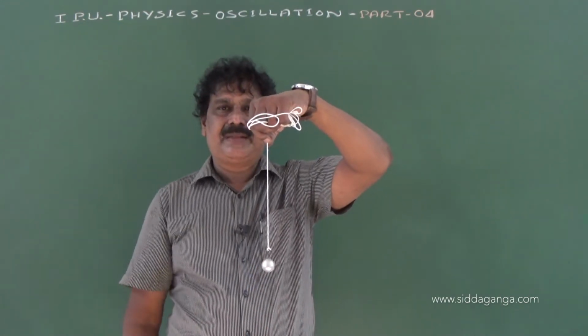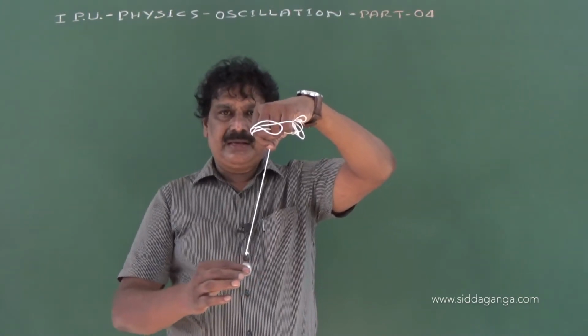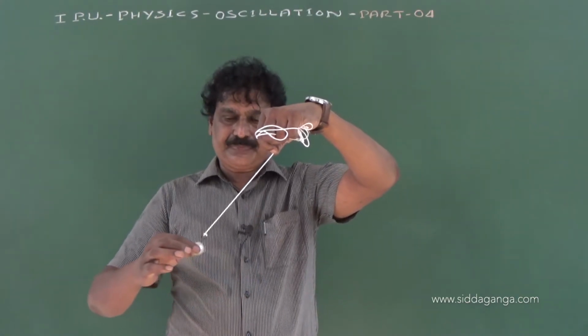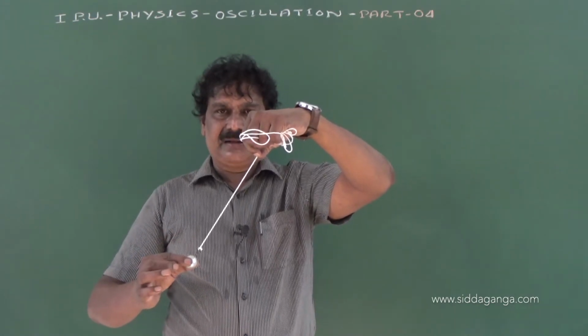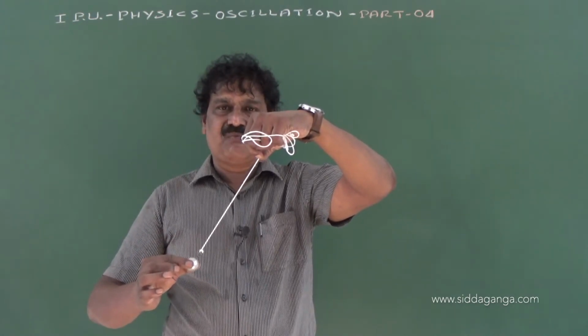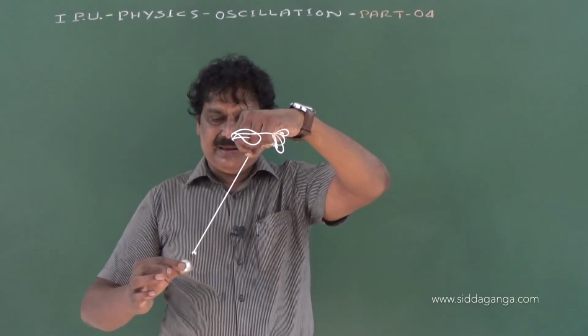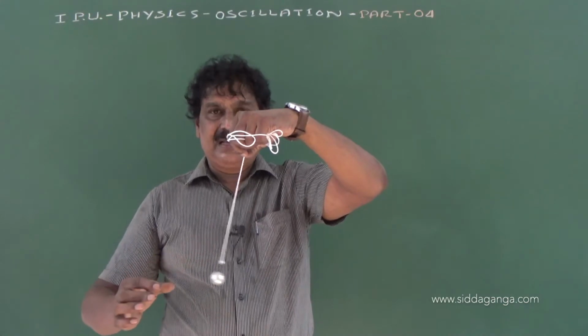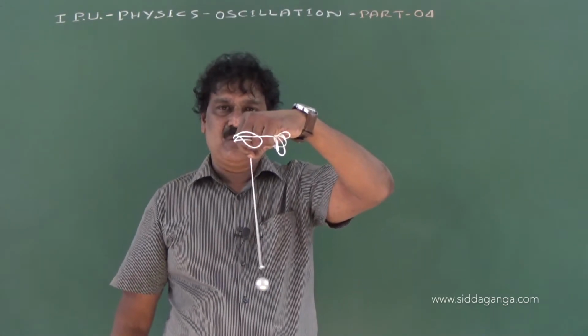The bob is at rest. To make it execute oscillation, we have to pull it aside by applying an external force to change its position of equilibrium. When we leave it, it executes a simple harmonic motion.